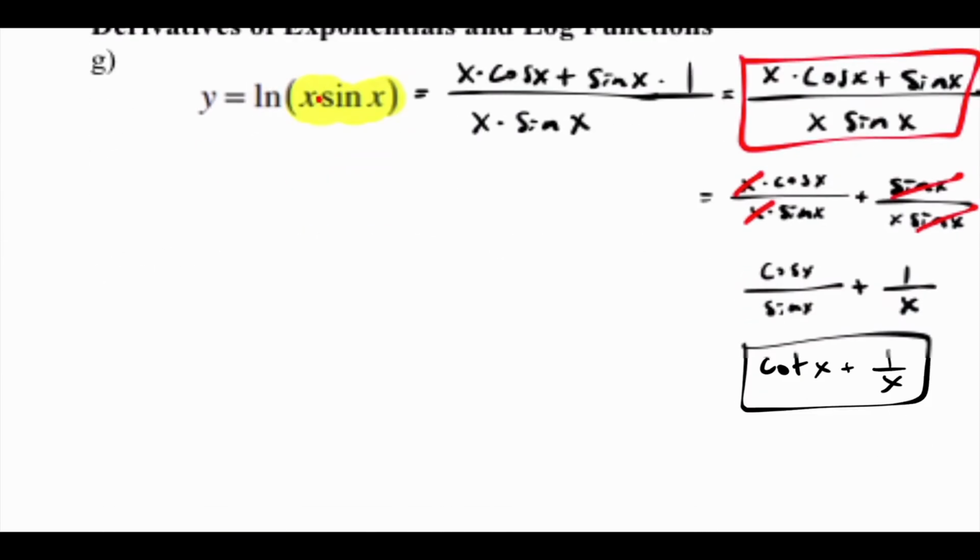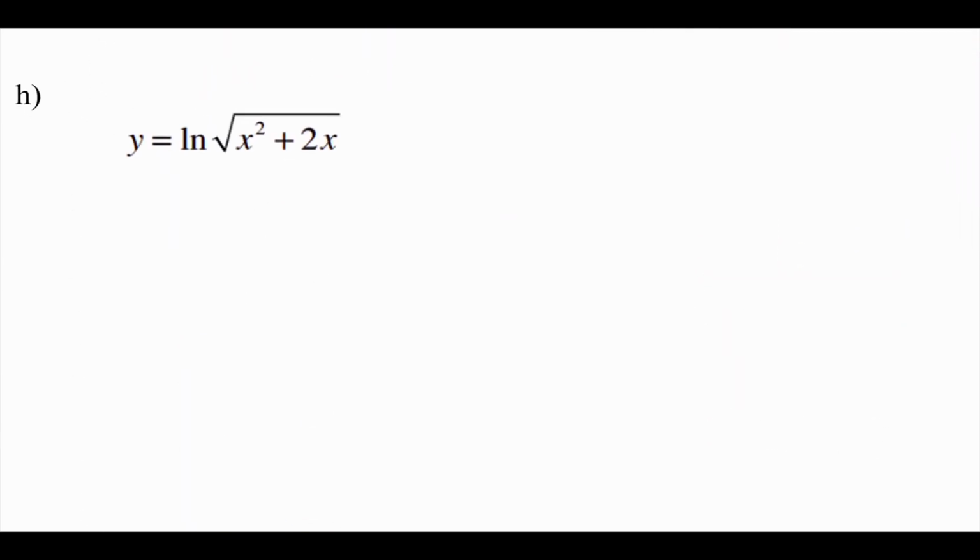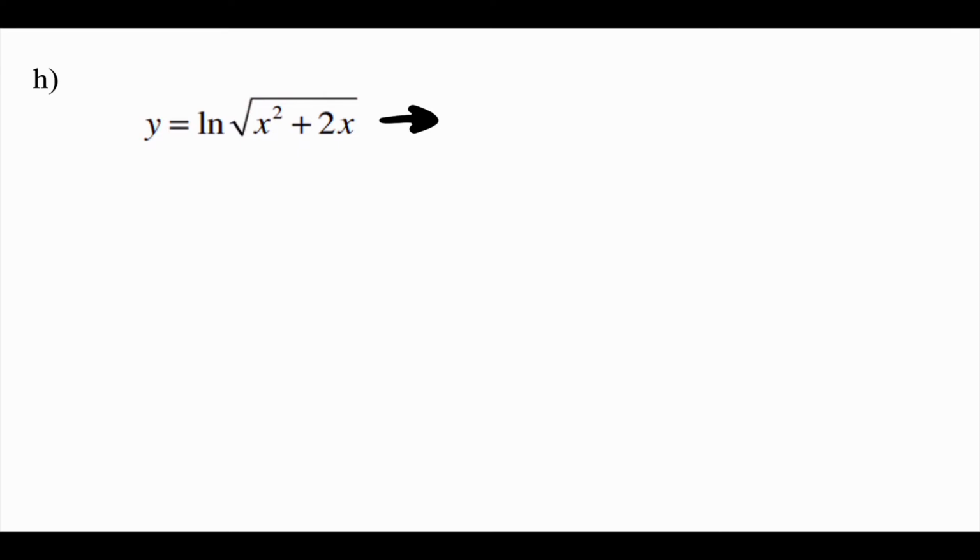So let me go back down to where the problem is. I'm going to change the root to a power. The root is this whole thing. Okay, so I'm going to rewrite it.